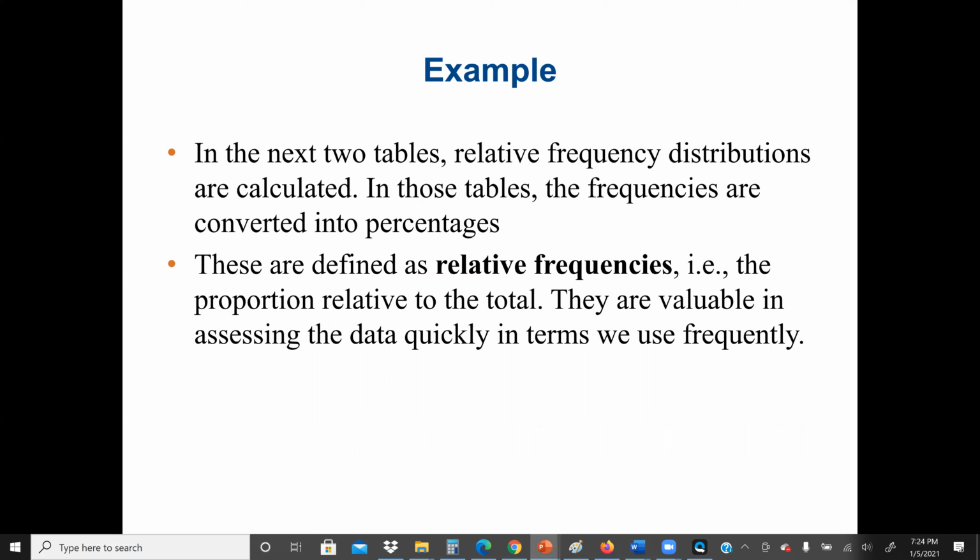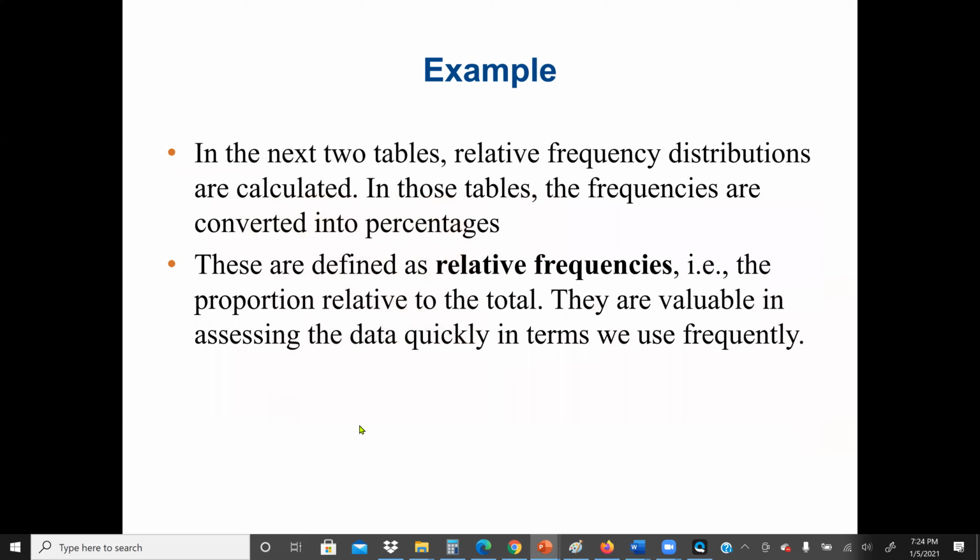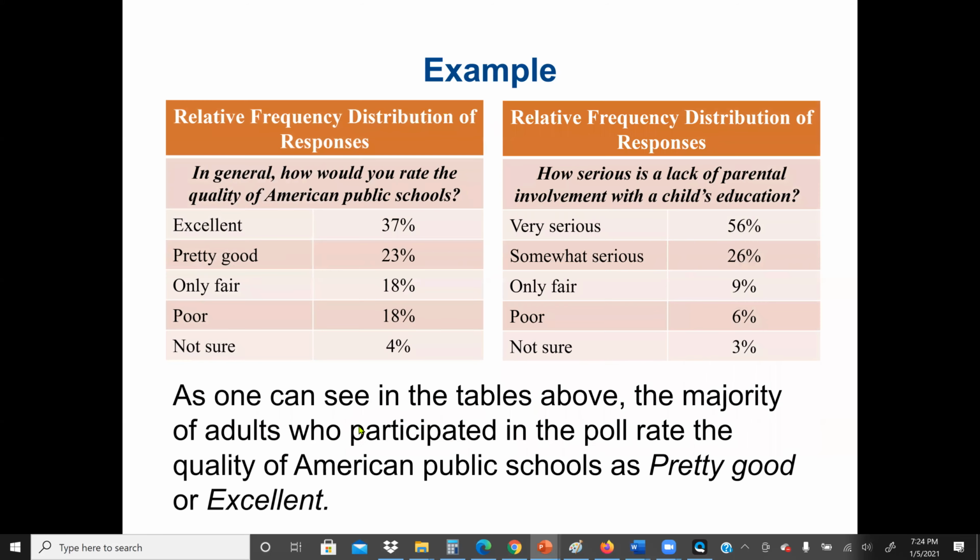So when we go back again here, I have to know the total amount I have here. Let's assume the total amount here is around 1,500. So if I divide 462 by 1,500, that will give me the relative frequency for excellent. So relative frequency is more or less the proportion related to the total of the items. And we're going to see an example in a second here.